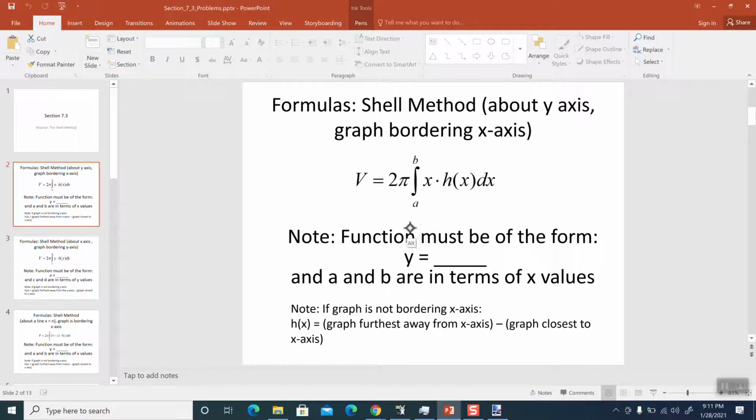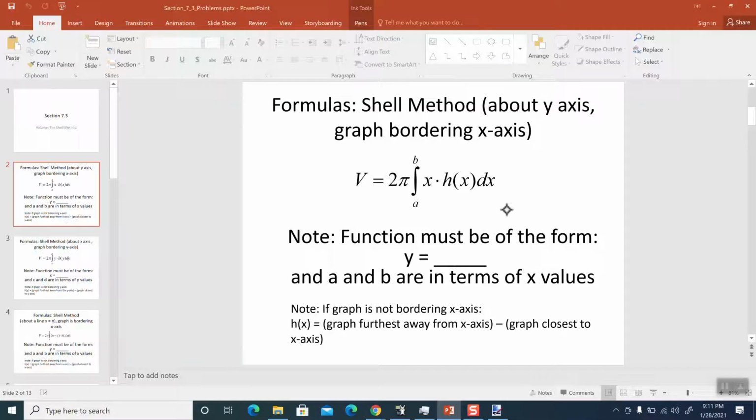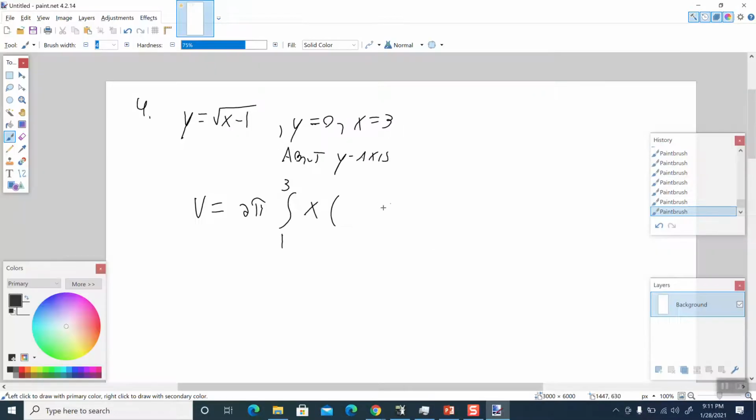And then x times h of x, and h of x has to be in the form y equals, which this is already in the form.